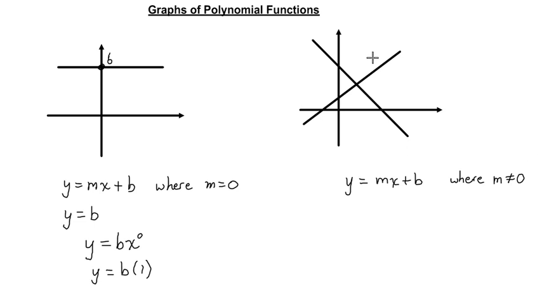Now, because the slope is not 0 in these cases, we would have a first degree polynomial function because there must be an x term within the equation, and the exponent on that x term would indeed be simply 1.